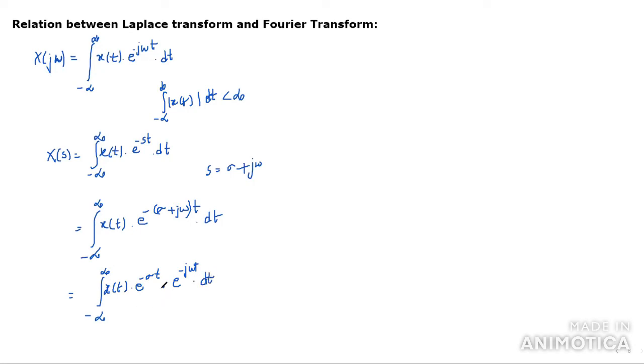Now, if you observe here one thing, if my x of t signal is multiplied with e power minus sigma t, and then you apply Fourier transform to that, finally you are going to get the Laplace transform equation here.